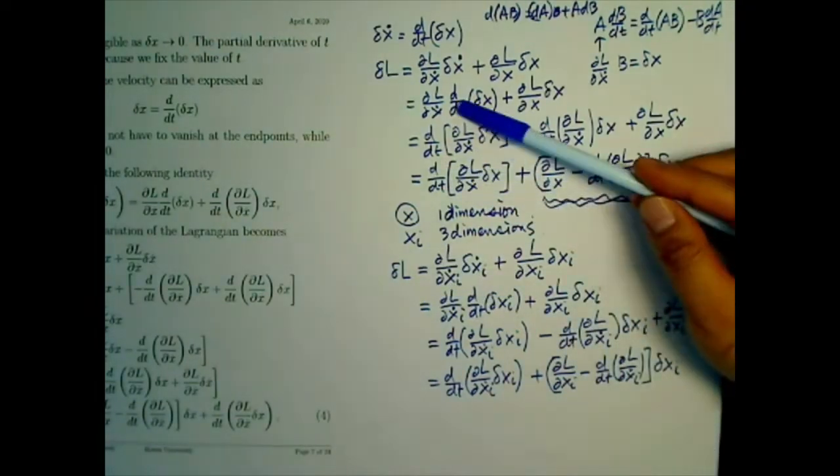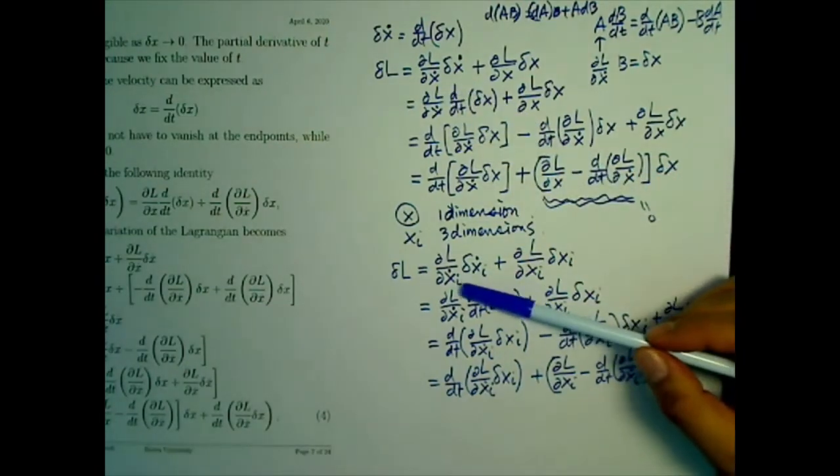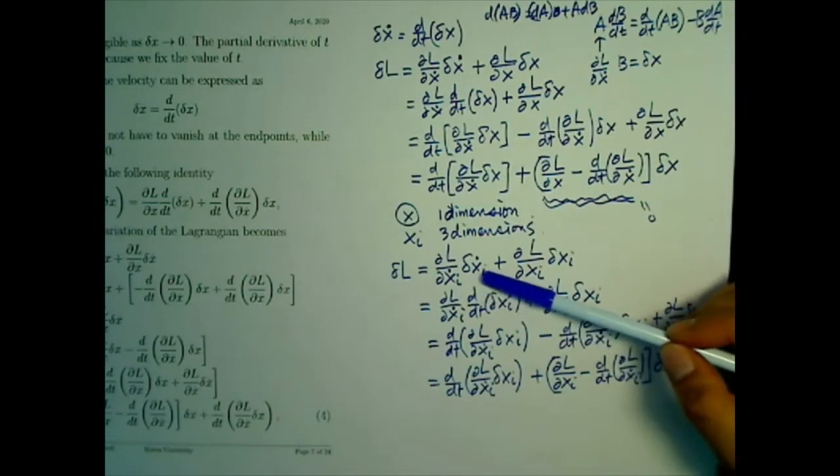Therefore, the variation through the velocity should be made for x1 dot, x2 dot, and x3 dot, and we have to sum over i equals 1, 2, 3.